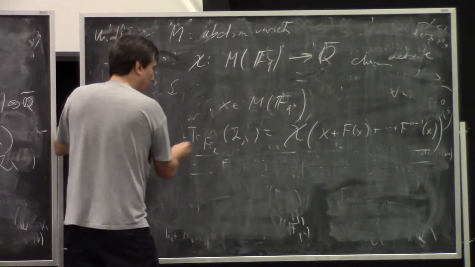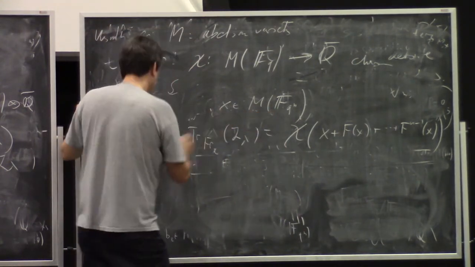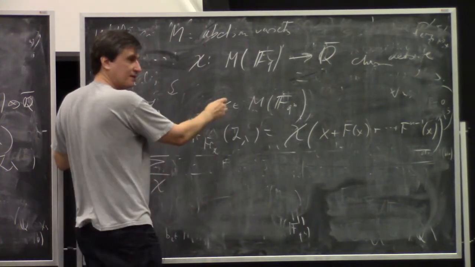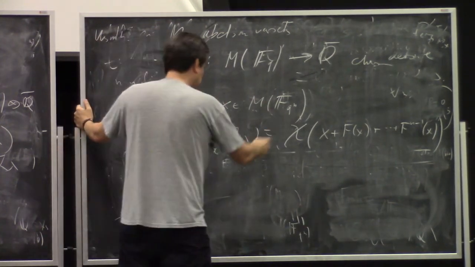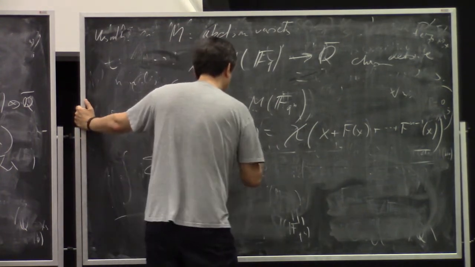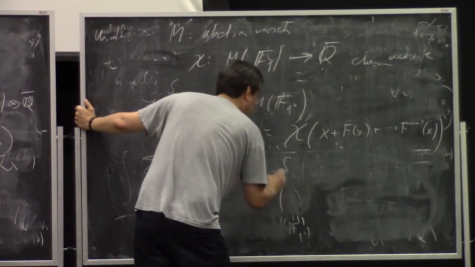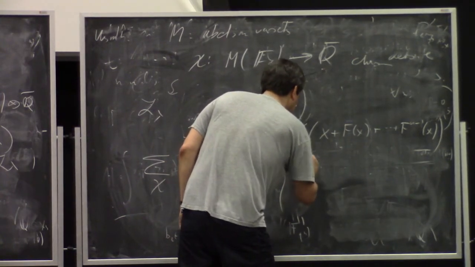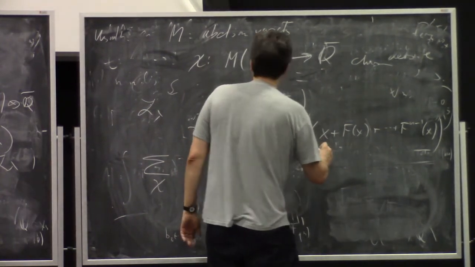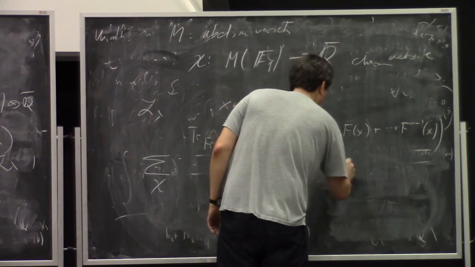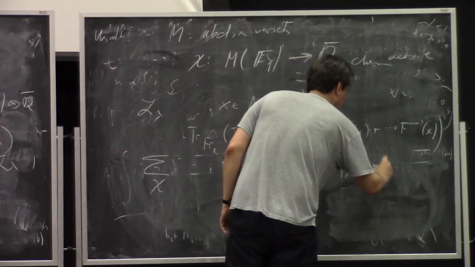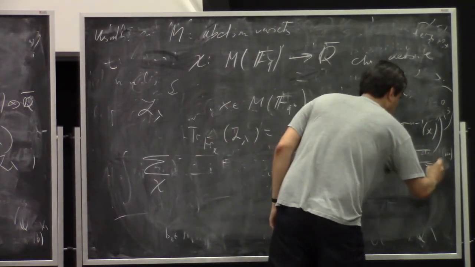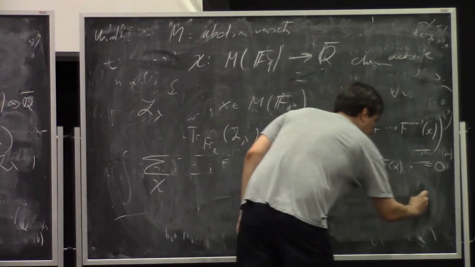And now we take the sum over all characters lambda. We see the following. We get the number of points of the variety over FQ if the sum is equal to 0, or 0 if it's not equal to 0.